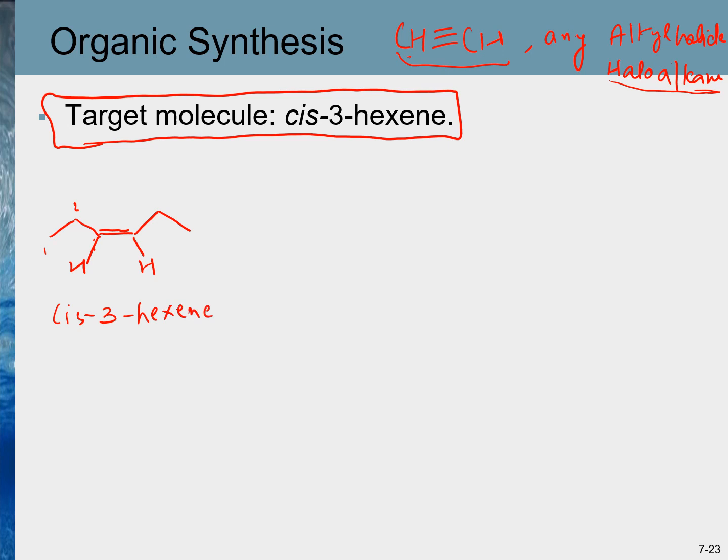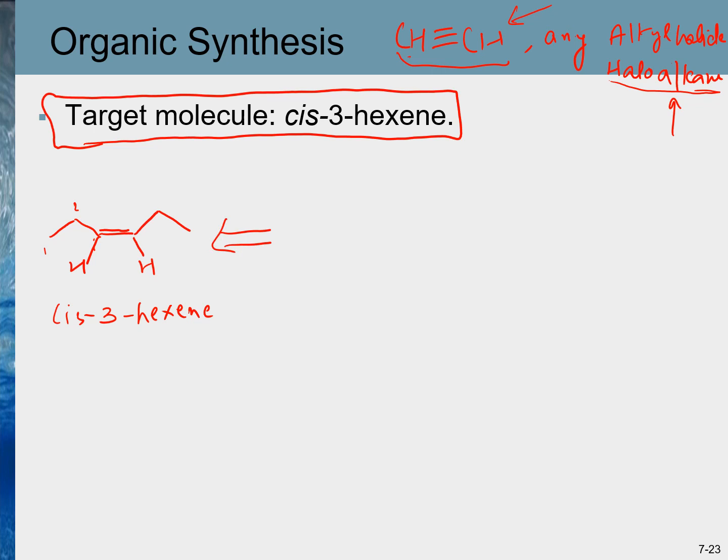Now rather than thinking about what I'm going to choose to begin with, that's not a good strategy. So we're going to apply the retrosynthesis analysis. Retro means we just think about the one step before the final desired product. I know that this can be made from a reduction of alkynes.